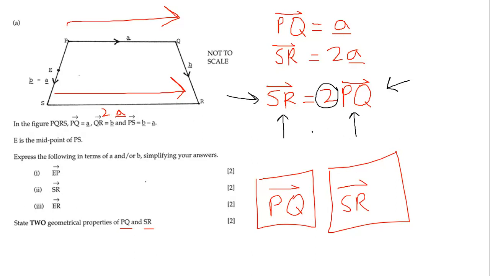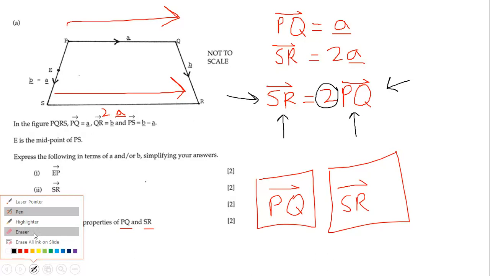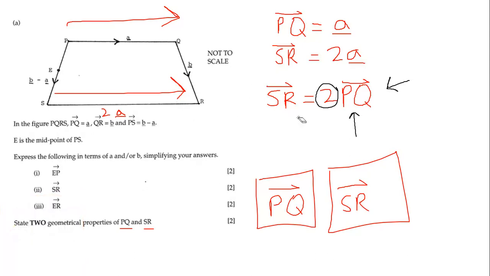That's another thing that we can get from this statement. So the vectors SR and PQ are parallel, so the line segments PQ and SR are parallel.